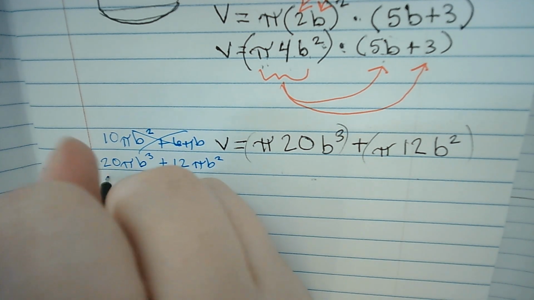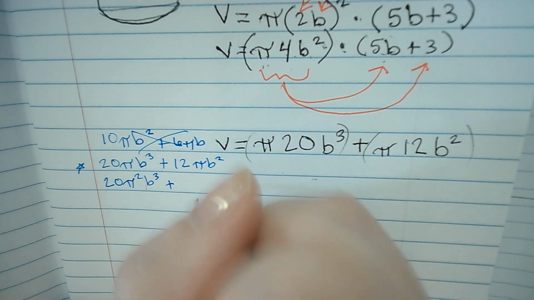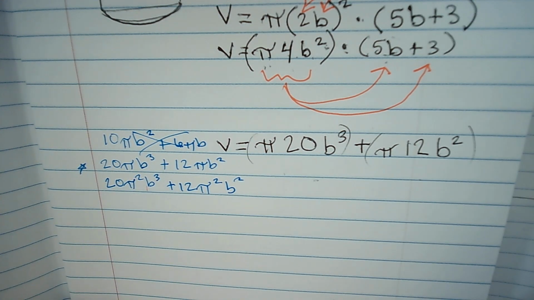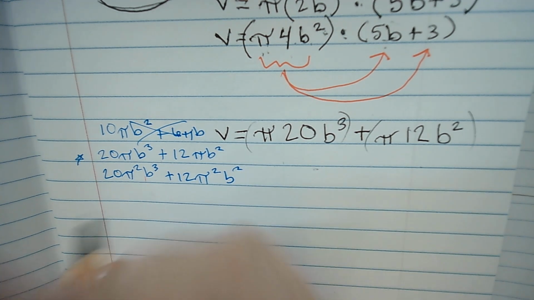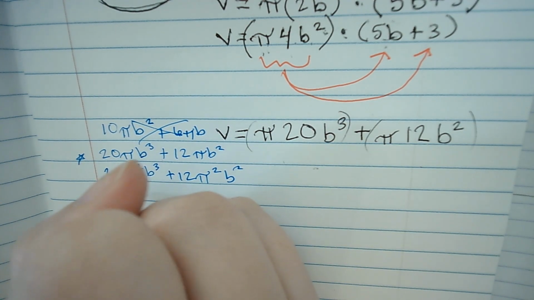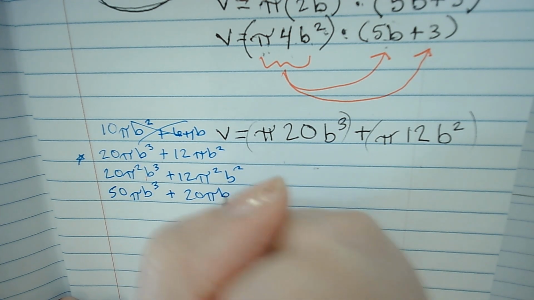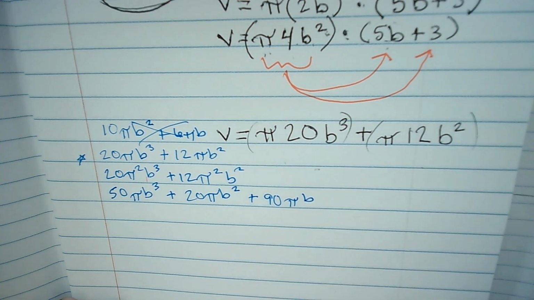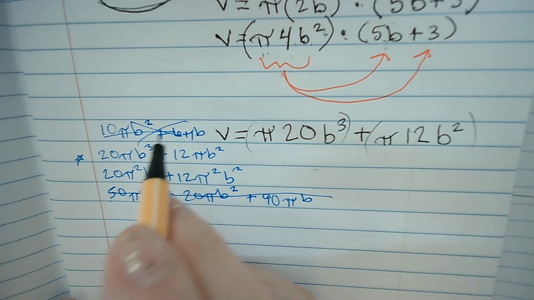C says 20 pi squared b cubed plus 12 pi squared b squared. Interesting. It does have some similar things, so I'm not going to cross it out just yet. And then D says 50 pi b cubed plus 20 pi b squared plus 90 pi b. No. That's just a big old no. So it's not A, it's not D, it's either B or C.